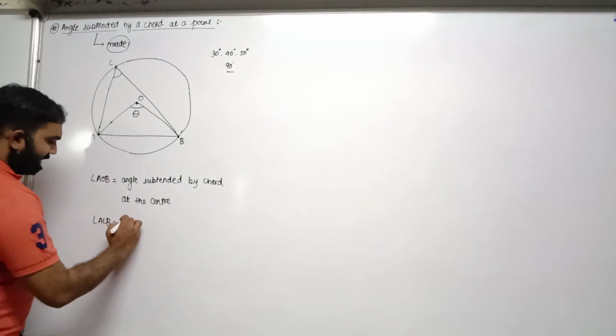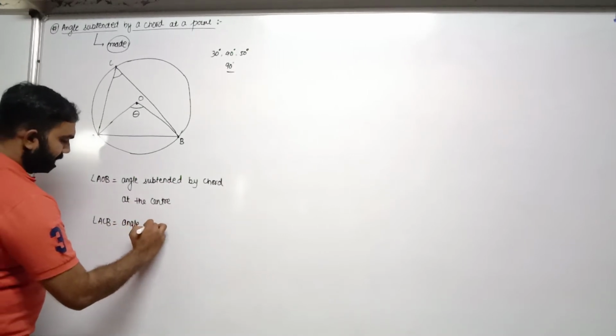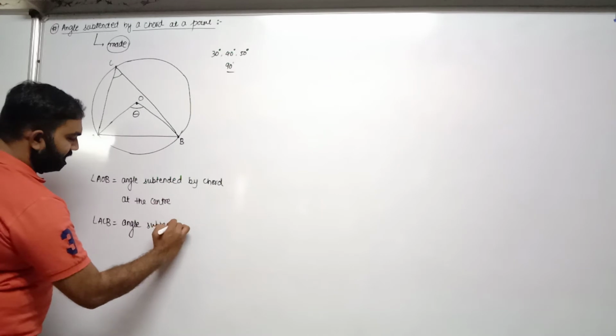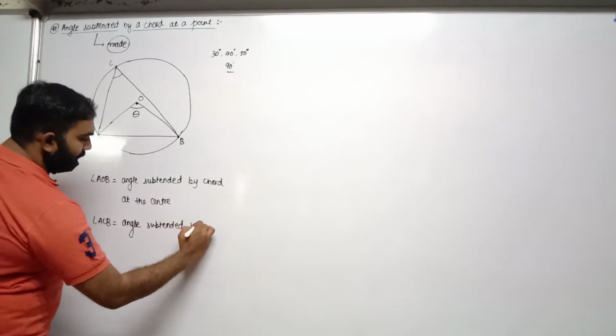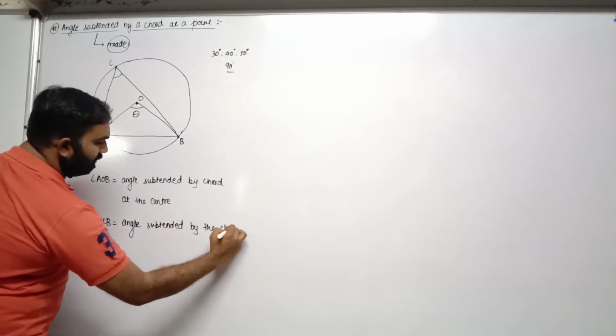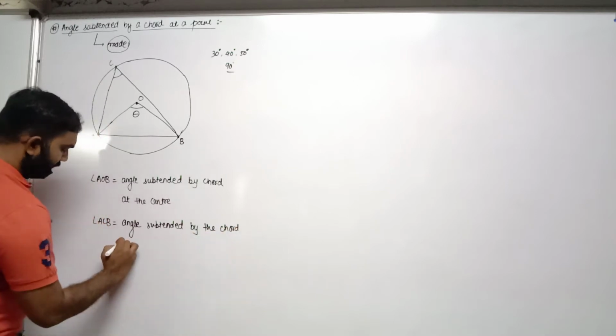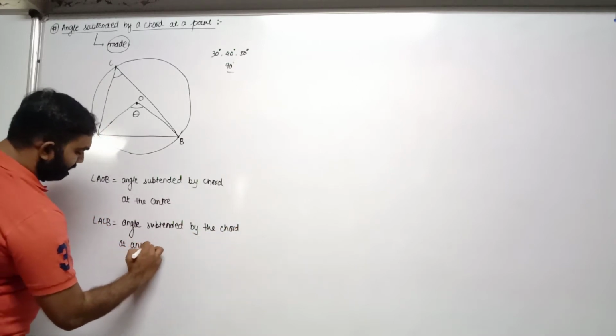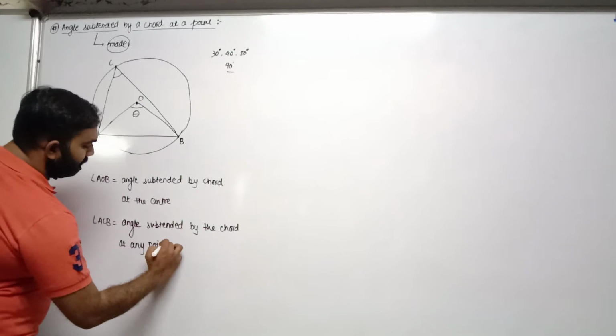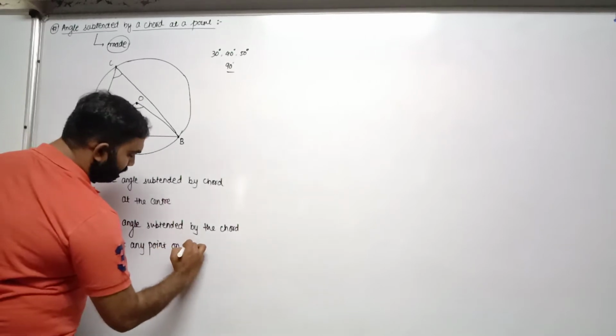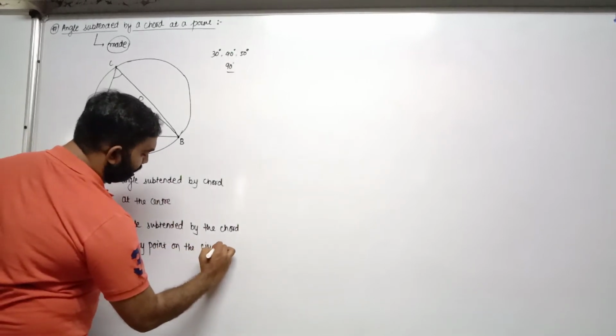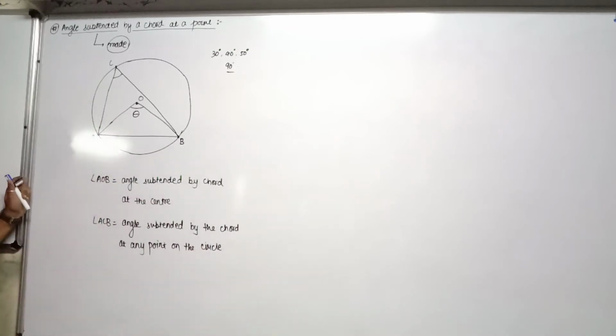This will be the angle subtended by the chord at any point on the circle. Like this. So this is known as the chord subtending an angle.